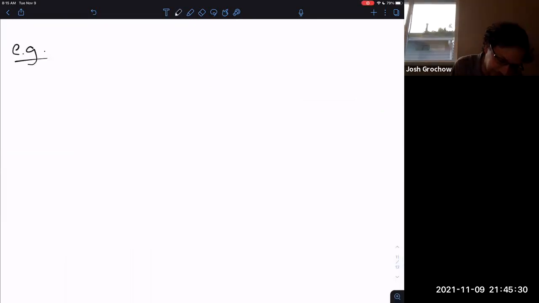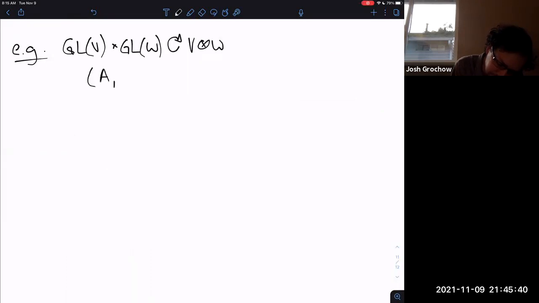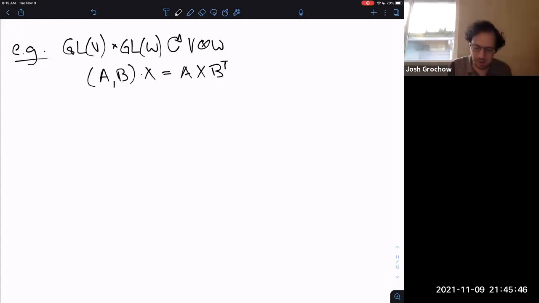Okay. But just for the last few minutes, let me come back to this example of matrices. So this is the left-right action. And we said that all matrices of non-full rank are in the null cone.